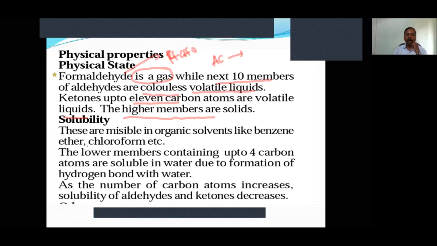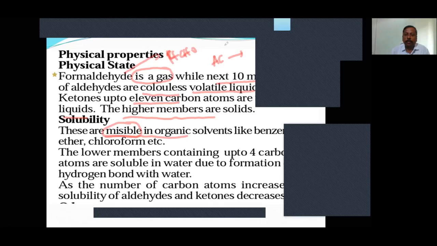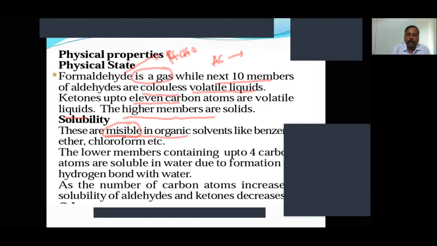Then coming to solubility. These are miscible in organic solvents. Miscible means they can mix, in organic solvents like benzene, ether and chloroform. How many of you are aware of the formula of chloroform? The formula of chloroform is CHCl3.